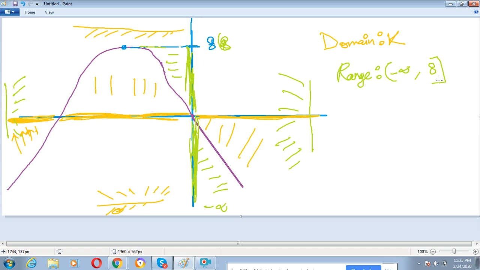And then calculate the image of t equal to 1, so 5 minus 1. That's 4.